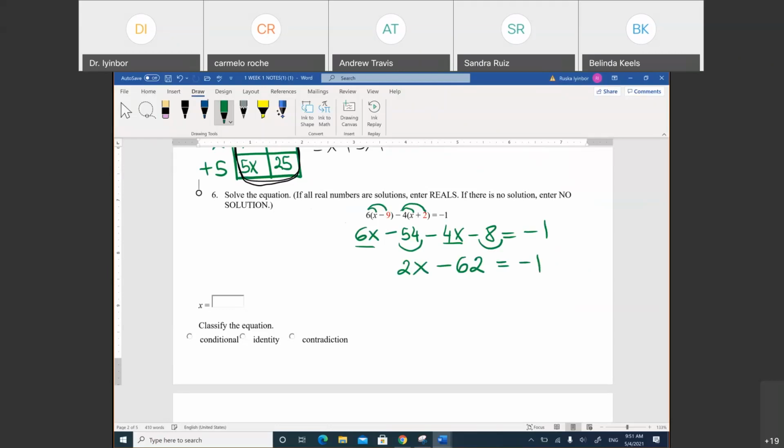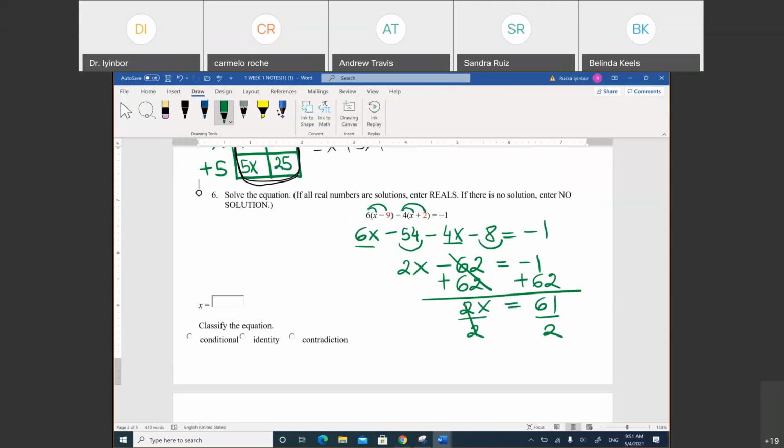And then from here we have all the x's on the same side, so I need to add 62, and that cancels. So I get 2x equals 61. And then the last step is what? Divide by the number in front of x. Divide by 2. And what do you get? x equals 61 divided by 2.